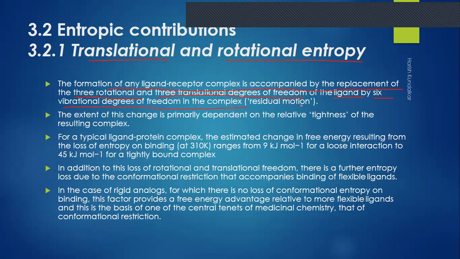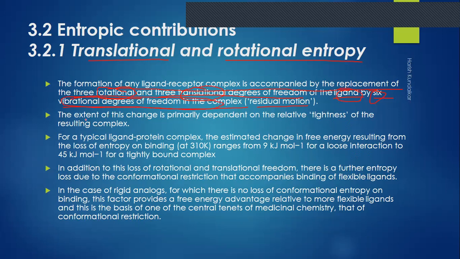This we call residual motion. To understand this, when a ligand and a receptor bind, three rotational and three translational degrees of freedom of the ligand are replaced by six vibrational degrees of freedom in the complex.